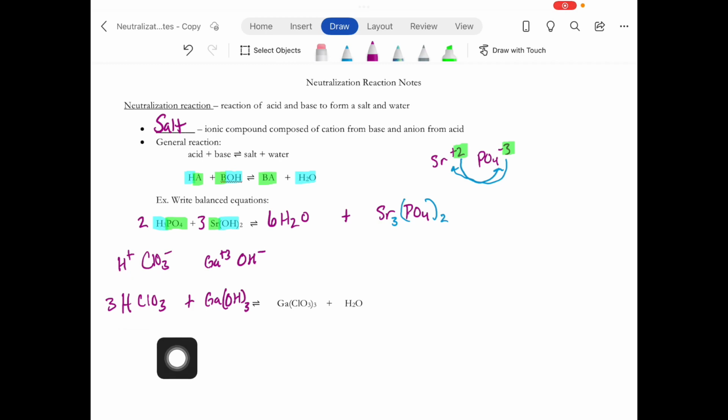Then balance your oxygen that isn't in the polyatomic ion. So I have 3 oxygens here and 1 over here, so I'm going to balance there. And then double check your hydrogen. So I have 3 hydrogen. I have 3 more hydrogen here, so that's a total of 6. And then 3 times 2 is 6, so that is good.